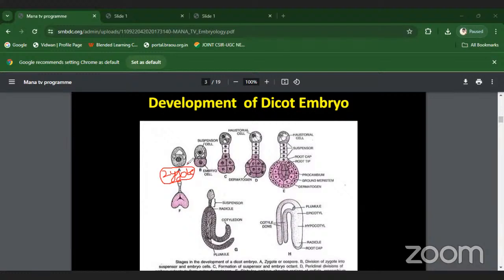CA and CB together are called the proembryo. The proembryo is formed by longitudinal division in the apical cell and transverse division in the basal cell. So after the two-cell formation, what happened?